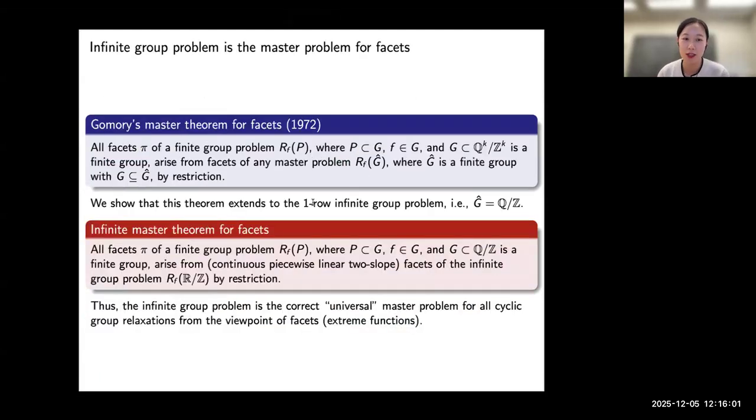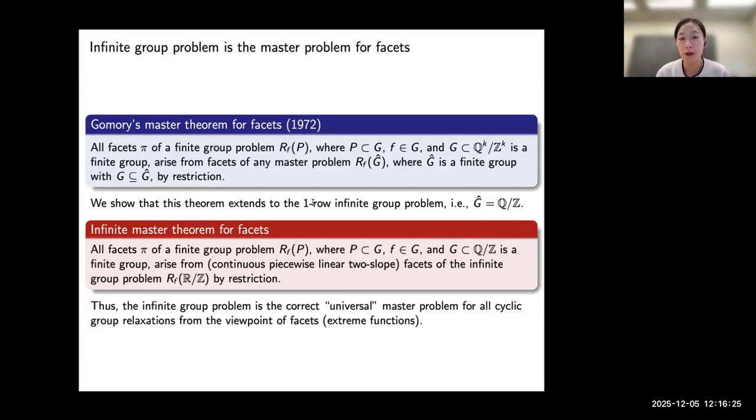Surprisingly, this is not answered as far as I know. So we were able to show the infinite master theorem for facets. That is, all facets pi of a finite group problem arise from facets of the infinite group problem by restriction.